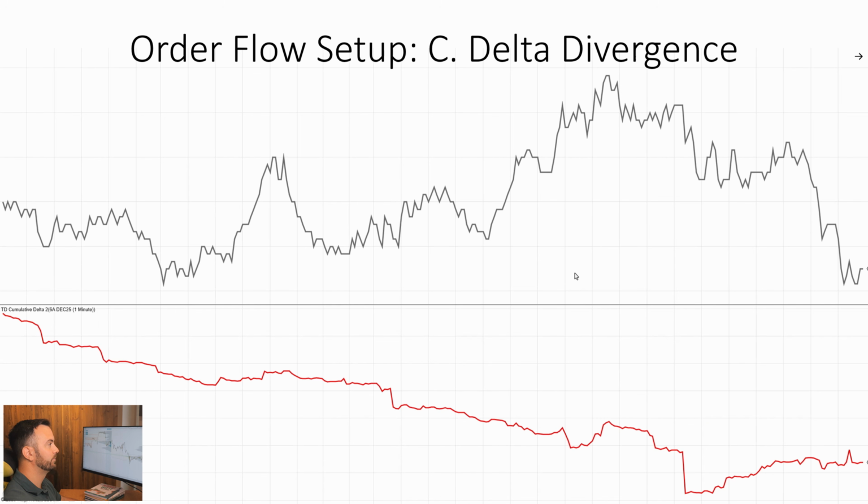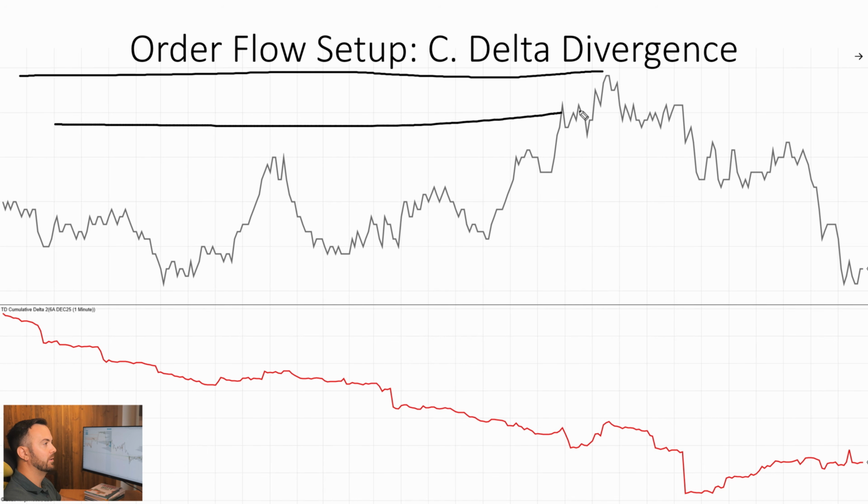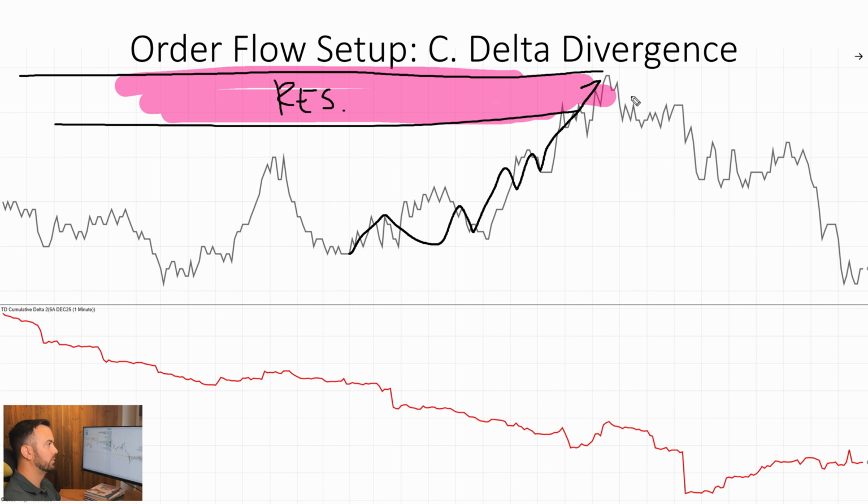It's rather simple. Let me give you another example here. Imagine that we have a resistance in here, and as the price is going towards that resistance, it goes up, delta is already going down. So sellers are entering their positions, even though the price is going up.